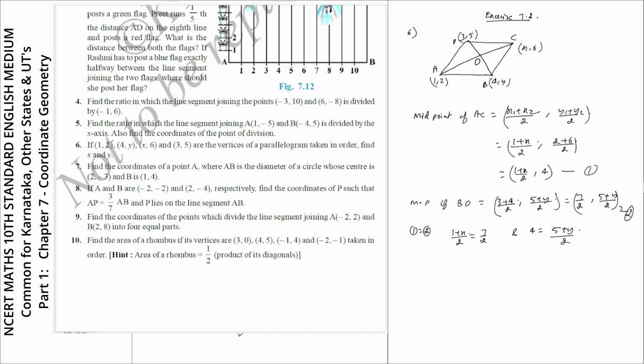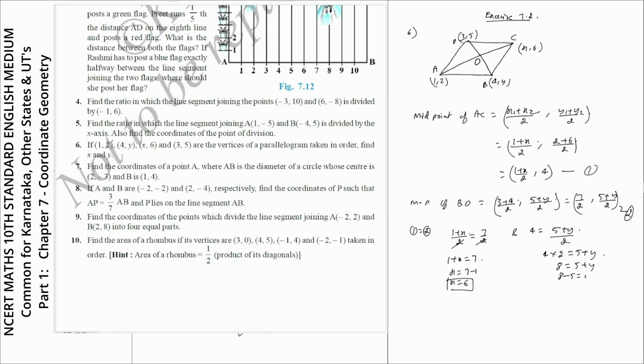Now here the 2 will get cancelled. 1 plus x is equal to 7, or x is equal to 7 minus 1, so x is equal to 6. Here if I cross multiply, 4 into 2 is equal to 5 plus y, 8 is equal to 5 plus y.